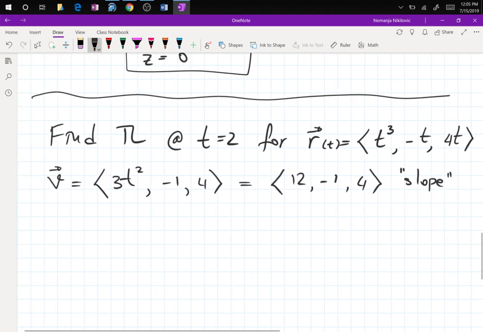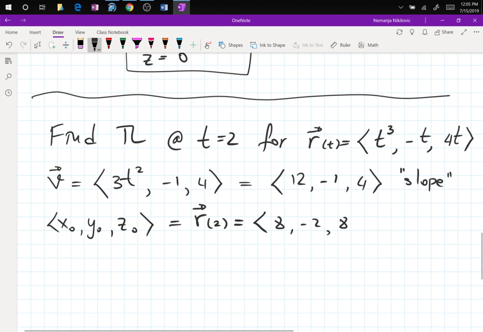Now you need the point, the x0, y0, z0. Well, that's going to be your original function r, because you're looking for a point on that line. So you have 2 cubed is 8, negative 2, and positive 8.